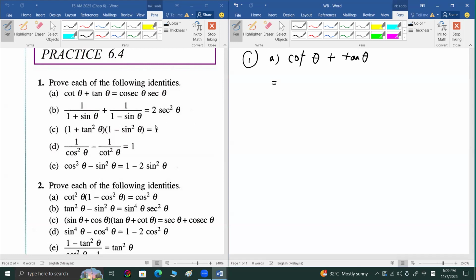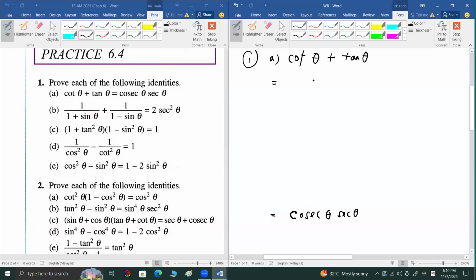Now I want to prove it to the left side. Remember last week I said, once you see this, the answer that is given is cosecant theta secant theta.